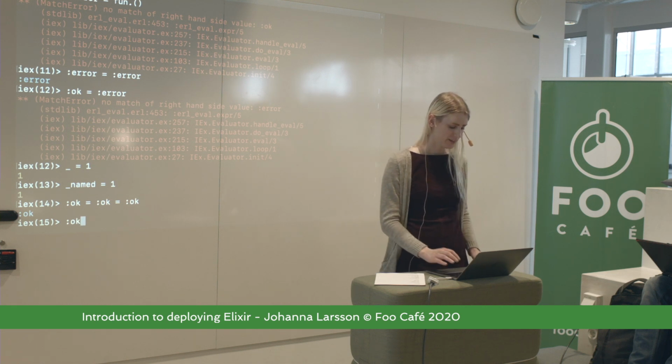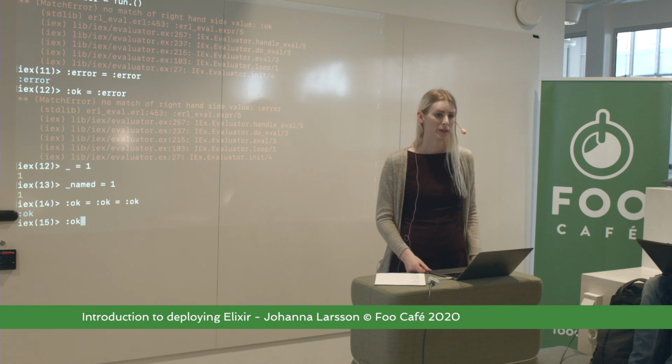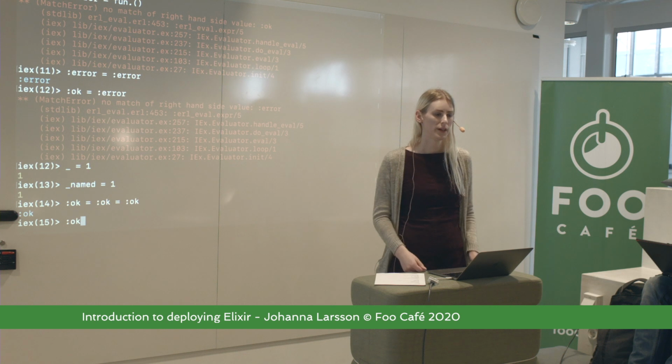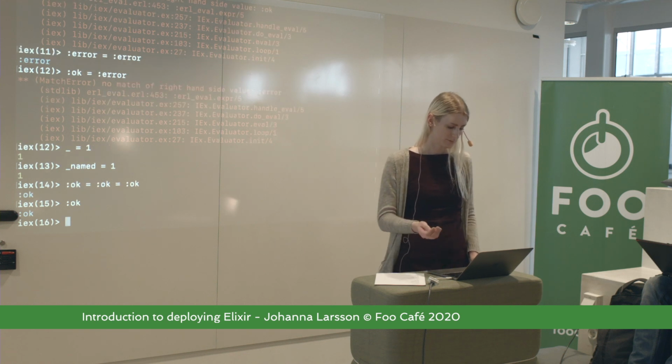This in Elixir is called an atom. It is a unique value that is just itself. It's useful for defining constants basically, and you'll see it everywhere in Elixir code. They just evaluate to themselves.